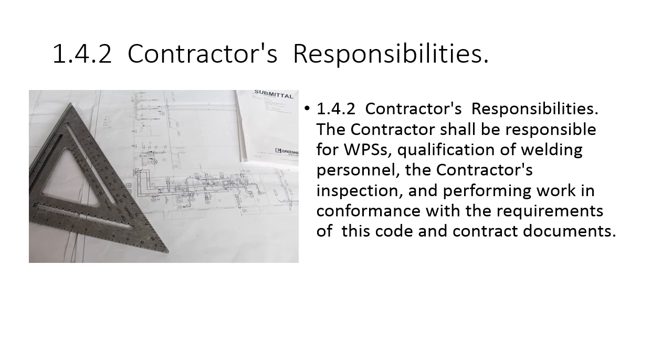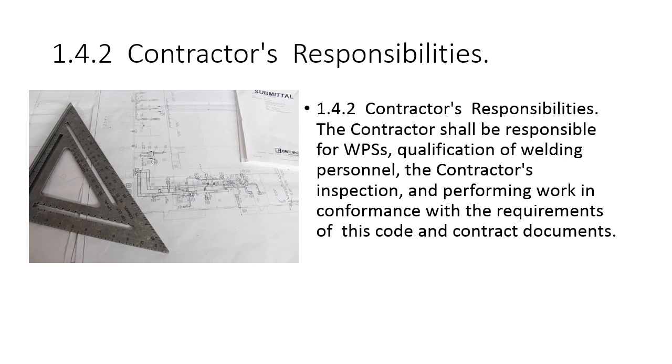Contractor's responsibilities. The contractor shall be responsible for the WPS's, qualification of welding personnel, the contractor's inspection, and performing work in conformance with the requirements of the code and the contract documents. So that's what the contractor's job is.